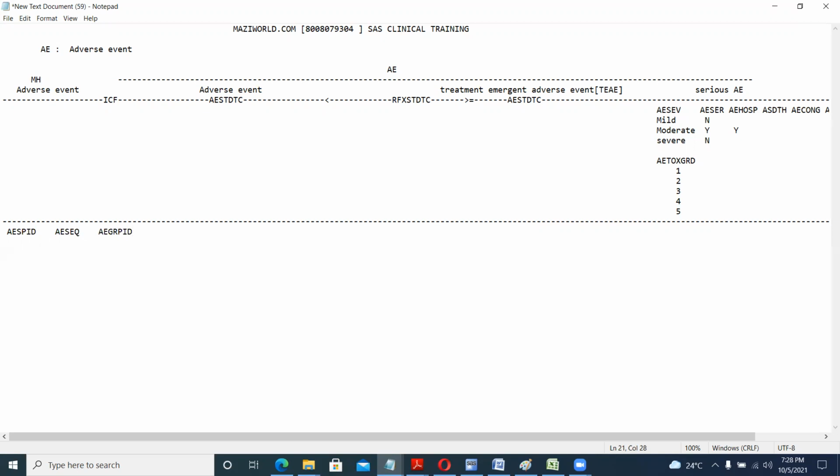Okay, fine. Group ID, sponsor ID, and AE reference ID. I hope this variable is there. If it is not there, just forget about that. AE reference ID.